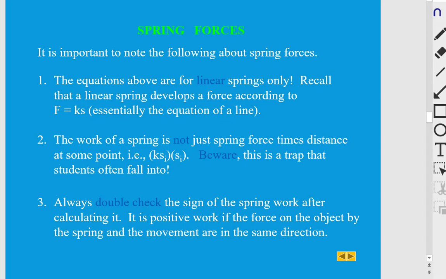So a couple of notes you need to keep in mind: the equation above is for a linear spring only. We assume that Ks is the force, but not necessarily all springs are linear, they could be nonlinear. So we have to do the integration if required.